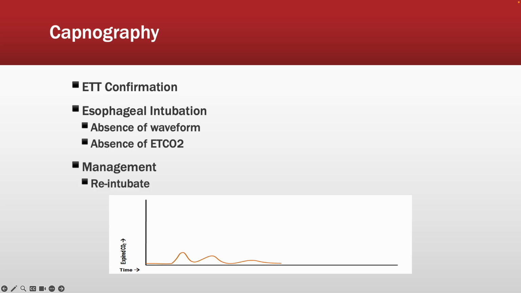We will have an absence of CO2 detected, and we will have an absence of a waveform. It will be flat. So that tells us this intubation is no good, and we need to remove it, ventilate the patient again, oxygenate the patient again, and then have the paramedic try to re-intubate.